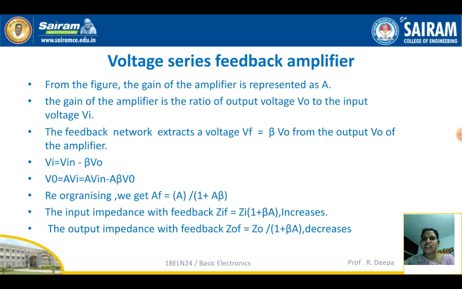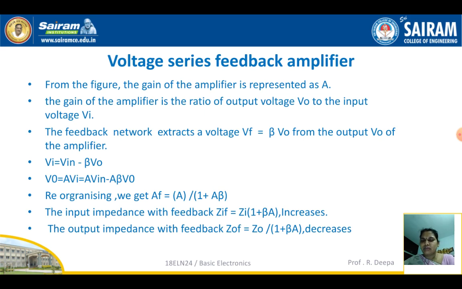The input voltage to the amplifier, Vi, is nothing but the input minus the feedback voltage. So Vi can be written as Vin minus beta into V0, whereas the output voltage V0 is equal to the gain into the input voltage Vi.